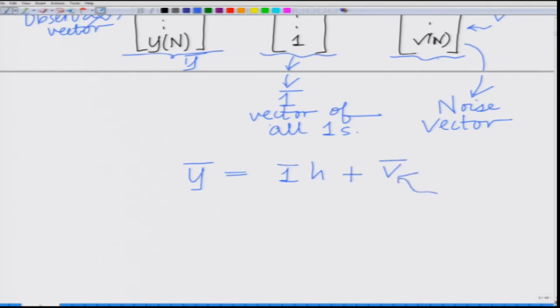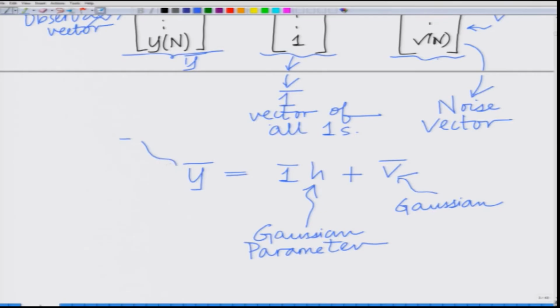Now, look at this, the parameter h is Gaussian, that is what we have assumed, and the vector V bar is Gaussian. You are adding two Gaussian quantities, therefore, the output Y bar is also Gaussian, because of the property of Gaussian random variables: when you add two Gaussian random variables, you get another Gaussian random variable. So, the output observation vector Y bar is also a Gaussian vector.